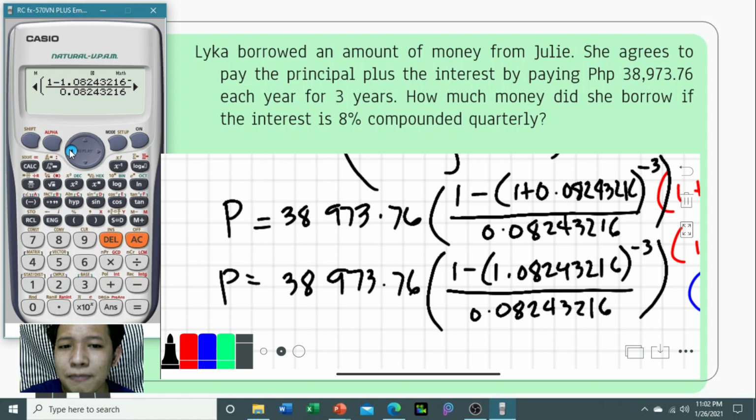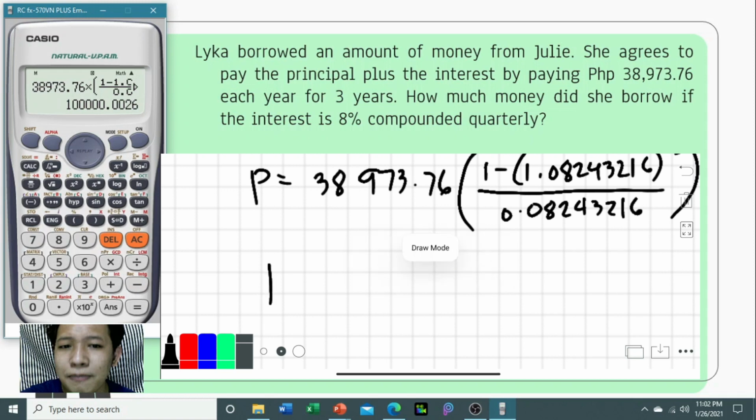So make sure na pareho po nung nasa solution natin yung naka-plug in kay calculator. Okay po? There are a lot of calculators naman that you can download sa Play Store and sa App Store. And then clicking the equal sign, the present value would be equivalent to 100,000.00.